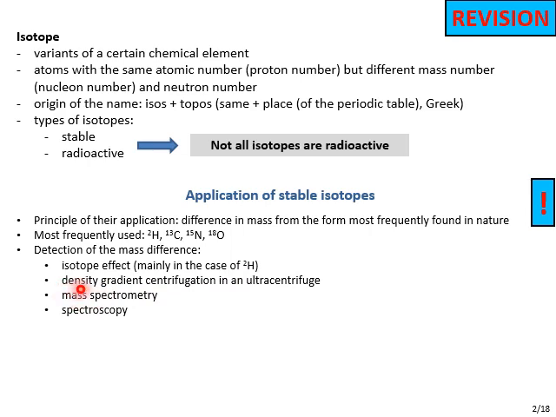The other approach with which we can detect the mass difference is density gradient centrifugation. In addition, there are two different kinds of spectroscopic approaches: mass spectrometry, which detects the mass to charge ratio of isotopes, and spectroscopy, mainly infrared spectroscopy, which can be used for detecting the mass difference.